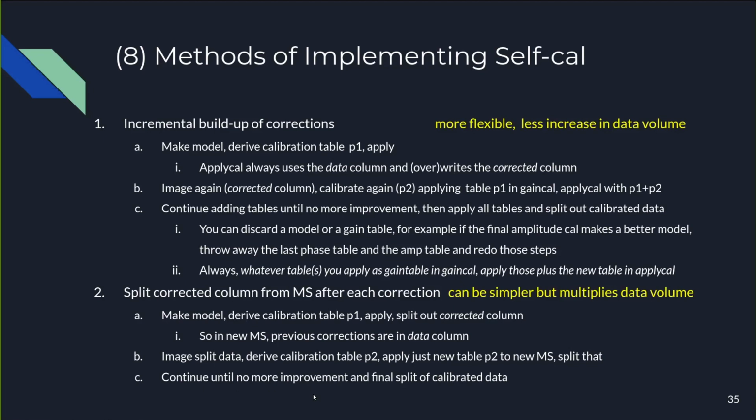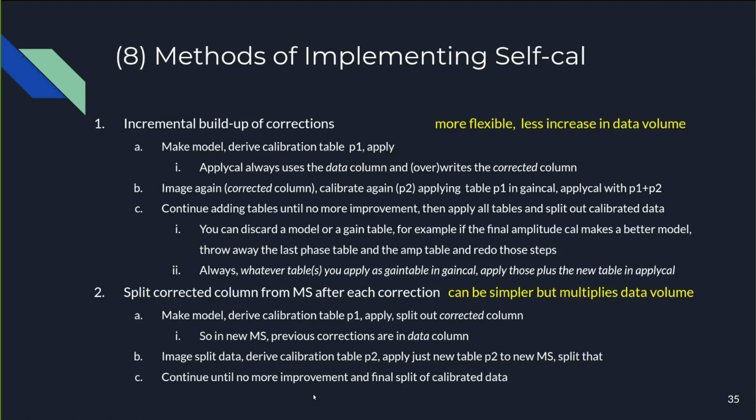But what you can do is split out your corrected column so it forms the data column of a new measurement set. And I think some people find it simpler to do that at every stage, so that you only ever have to apply one gain table in apply cal, and you don't have to worry in gain cal. On the other hand, of course, that increases your data volume. It doubles it at every step. But as long as you're consistent, the crucial thing is not to try and do both. You need to be consistent.